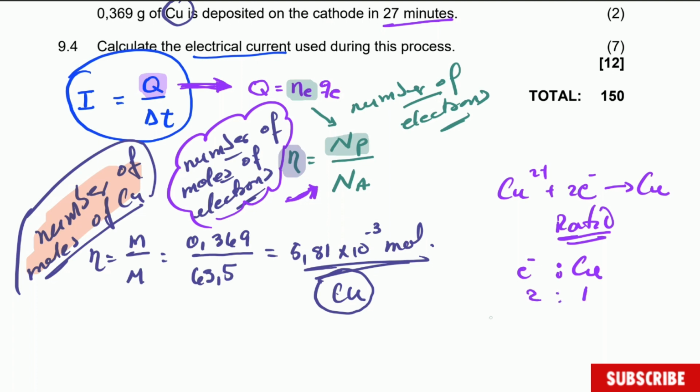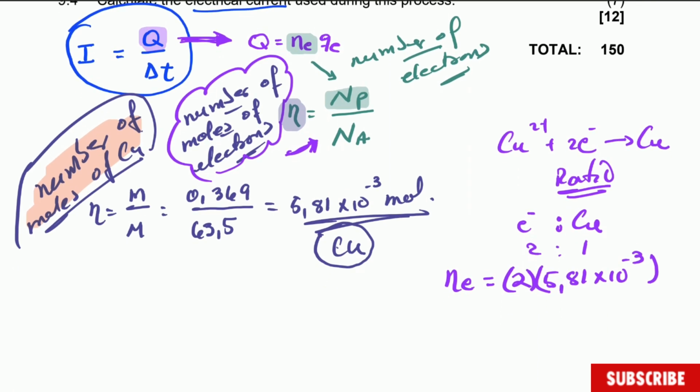Alright, it means from here we can get that the number of mole of electrons will be equal to 2 multiplied by 5,81 times 10 to the minus 3. Alright, there we go. This one will give you the number of mole of electrons, and this will give you 1,16 times 10 to the minus 2.